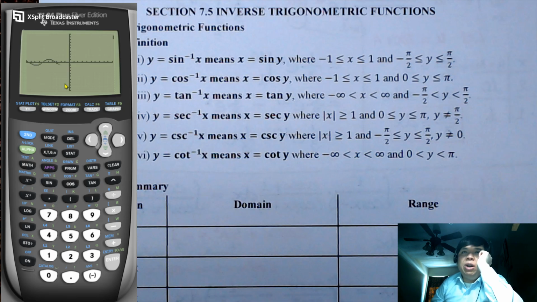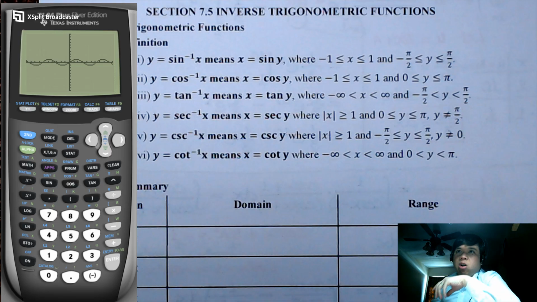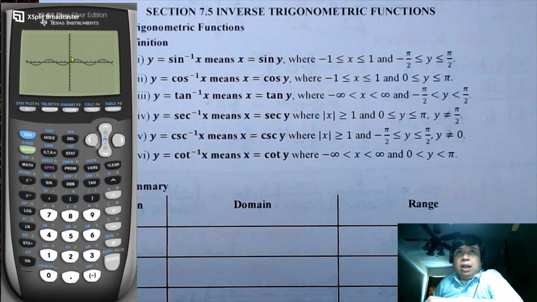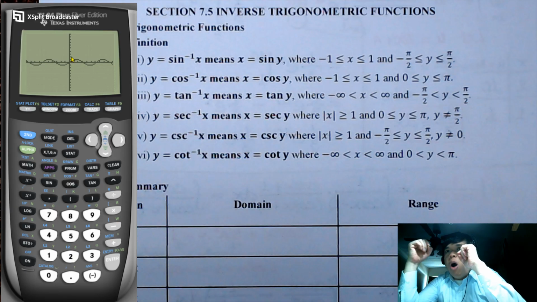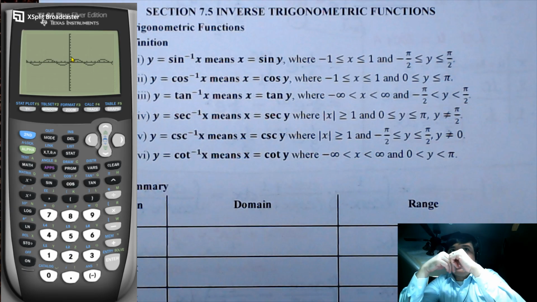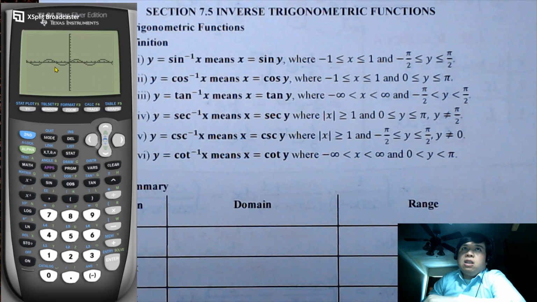So that's just a wave. Now what we're interested in is the inverse function. The inverse function, if a function goes from x to y, inverse function will go from y to x. Now the problem with sine x is that it just keeps going up and down.